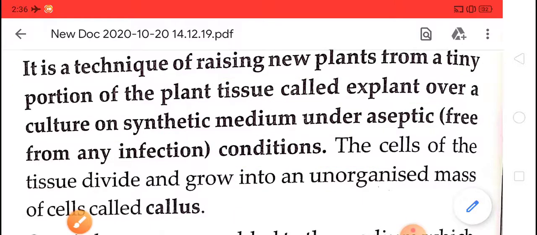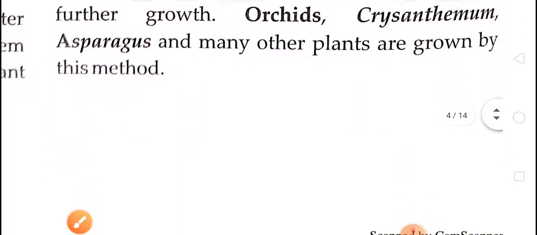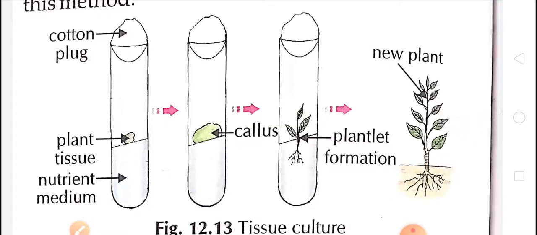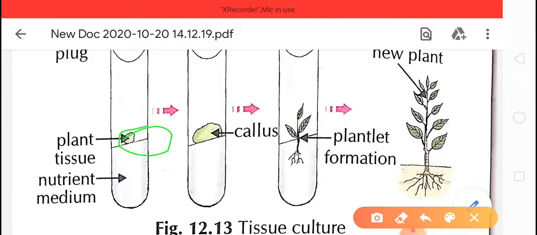Now see the diagram, children. This is the small portion of the plant tissue. We have kept it in a test tube and provided the nutrient medium. In the nutrient medium we have provided the nutrients, the hormones and other components. By use of the nutrient medium, the plant tissue converts into the callus.